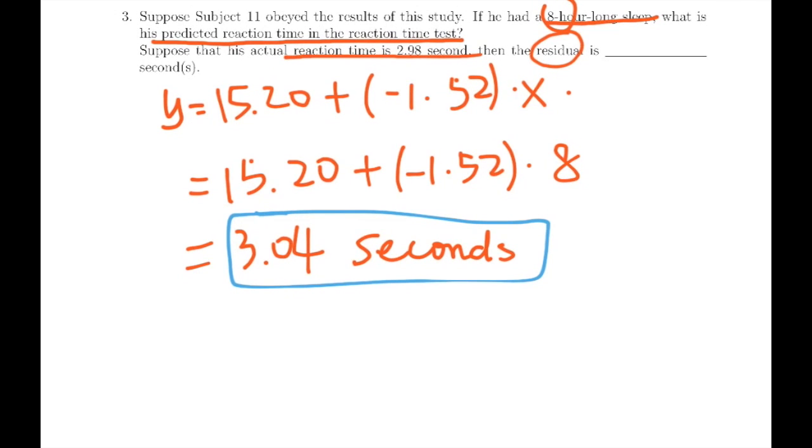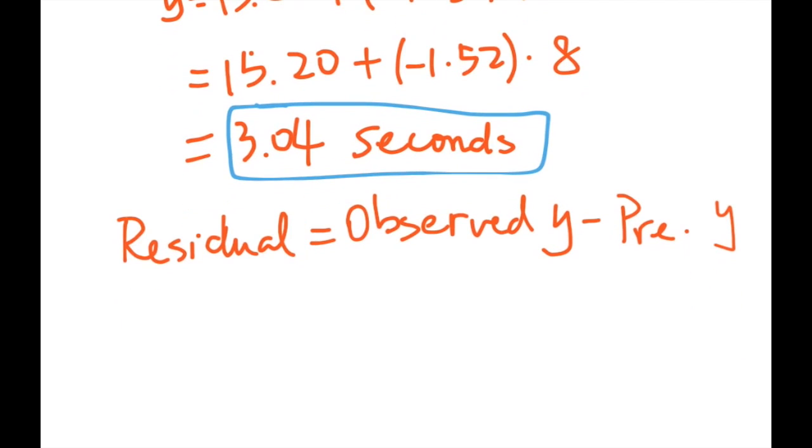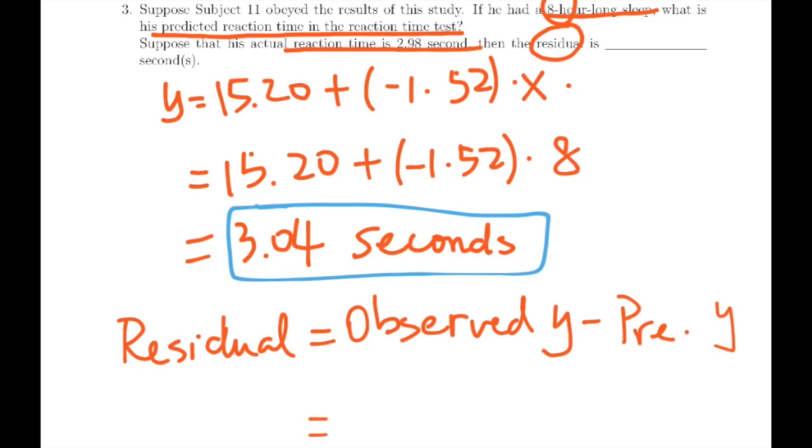Remember, the residual is equal to the observed y minus the predicted y. Okay, I will use PRE to represent predicted. So basically, we observe the reaction time of this subject is equal to 2.98.